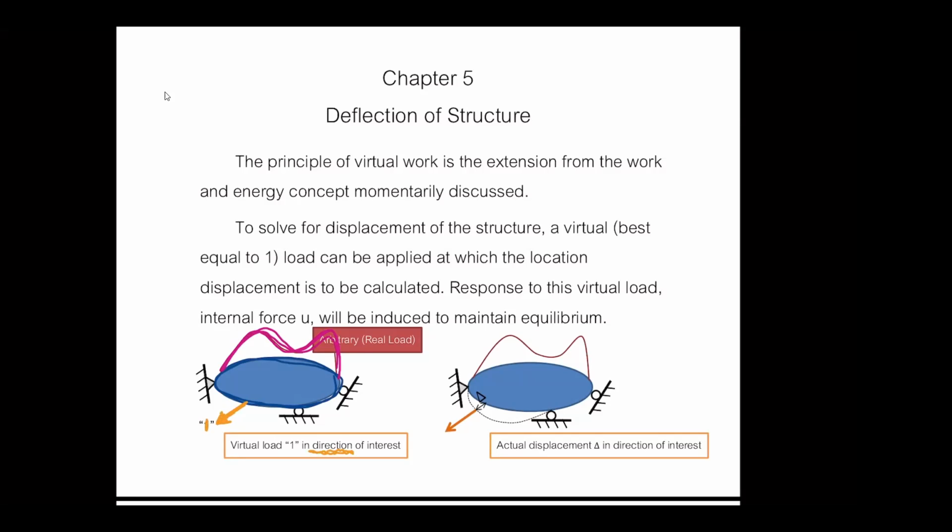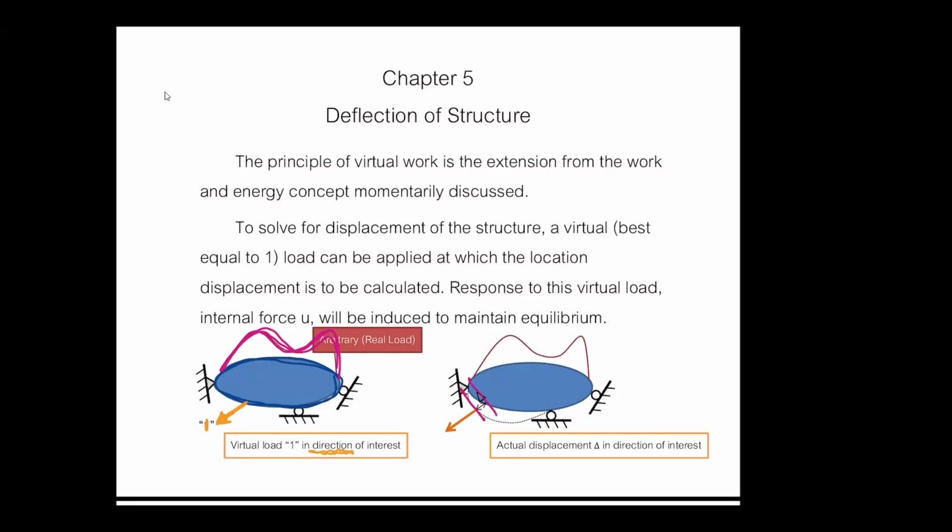Okay, so to speak. When we actually load the structure, of course, the deformation will occur. So this load that I stealthily attached to the structure before the deformation occurs will travel with the distance equal to the deformation of the structure itself, correct?